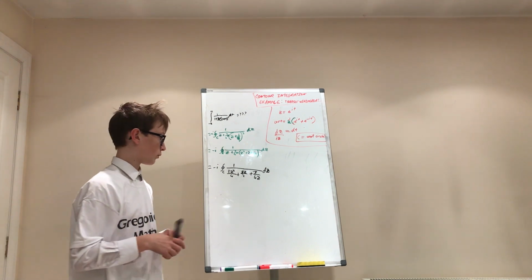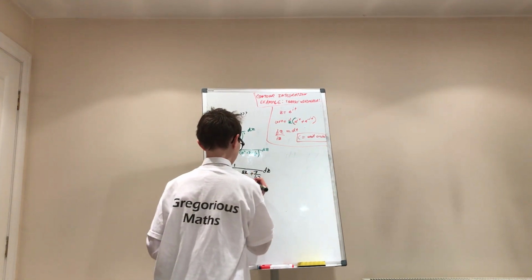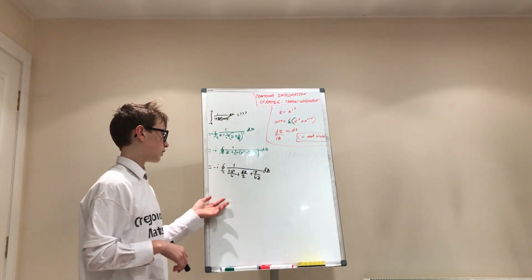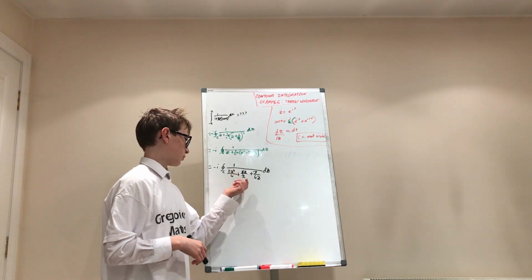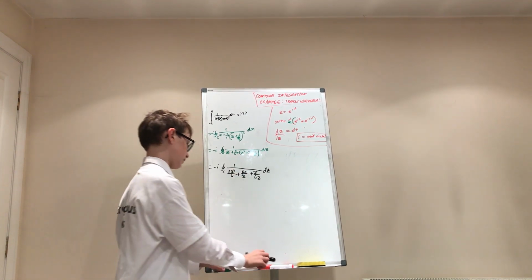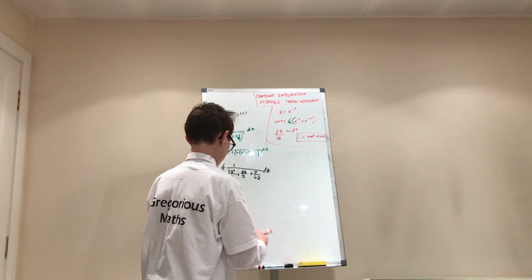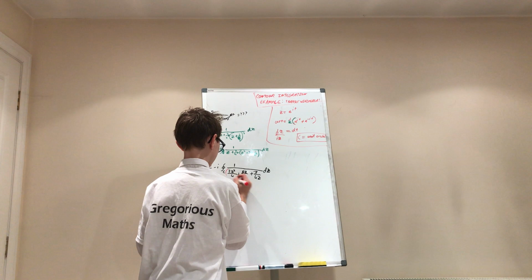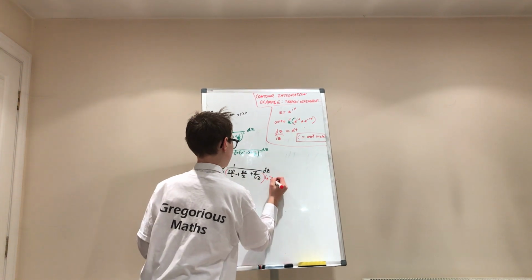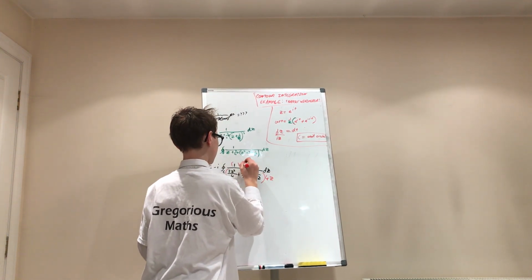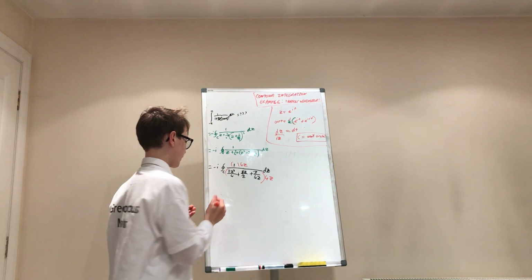Now what do we want to do? We want to get rid of all of these ugly fractions. How do we do that? Well, hopefully that's not too difficult. Just multiply the top and bottom by 4z. Okay, what does this leave us with?